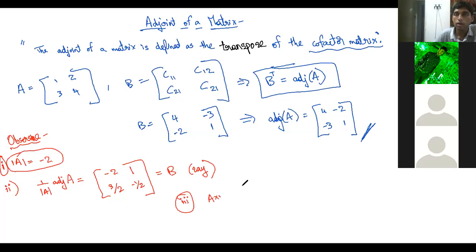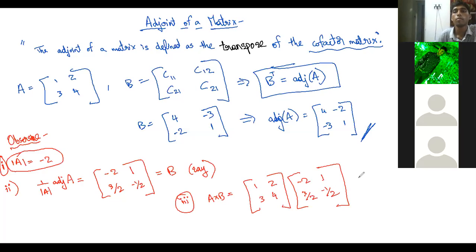Observation 3. A into B. Can all of you check what is A into B? 1, 2, 3, 4. What is this turning out to be?